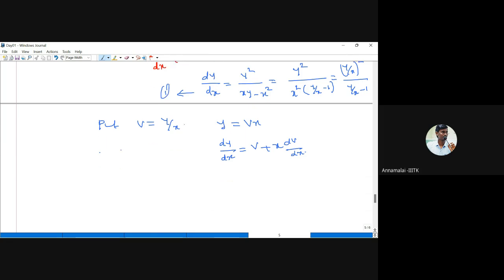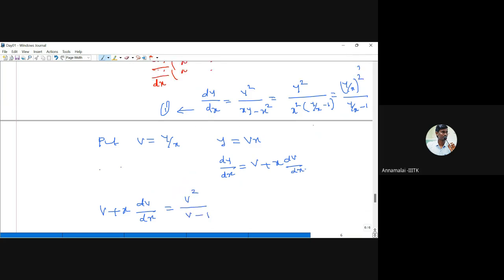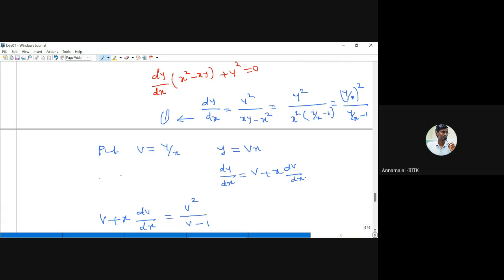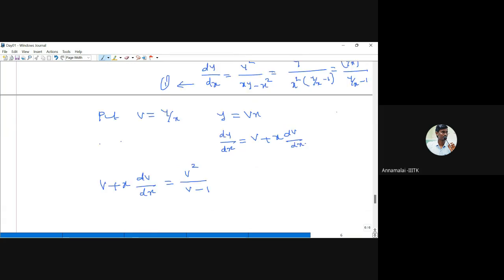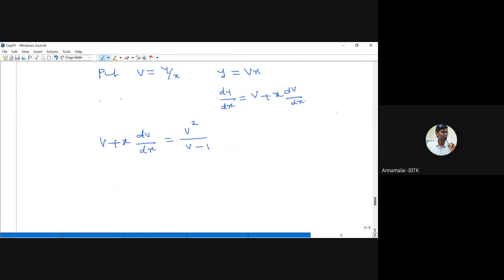Therefore, equation 1 becomes, replacing dy by dx, v plus x into dv by dx on the left hand side. The right hand side we have v square by v minus 1, because we already have y by x whole square by y by x minus 1. So just replace y by x with v, we get this one.